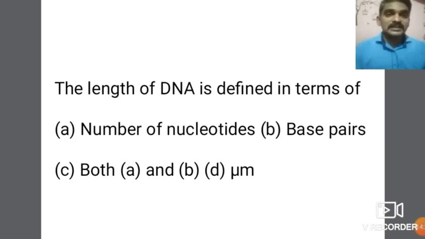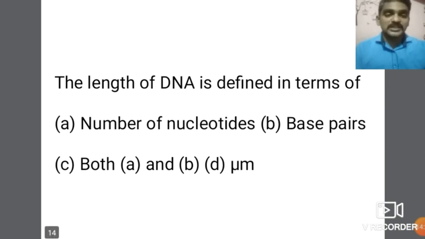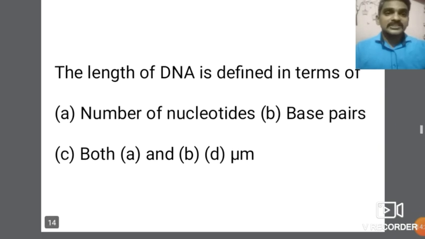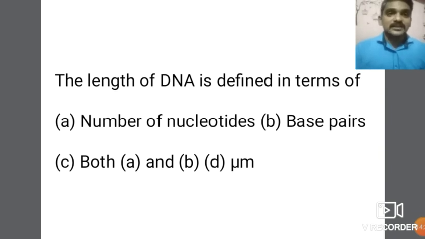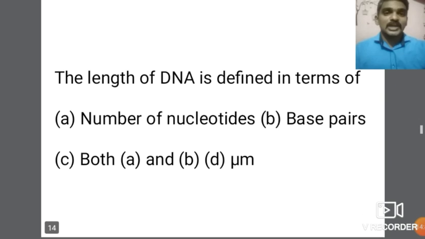In case of single stranded DNA, we only have nucleotides like A, T, G, C. Single strand only will be there, so no base pairs. In that case, we use nucleotides. So the answer will be both A and B. Specifically, if they ask double stranded DNA, we measure the length in base pairs. Without specification, if they ask general DNA, you have to write both nucleotides as well as base pairs.